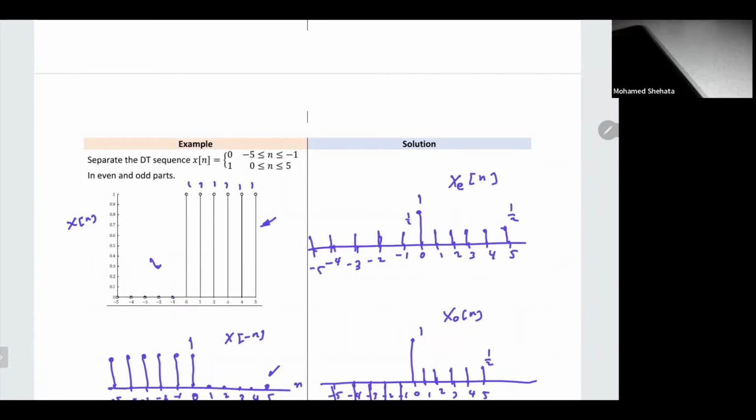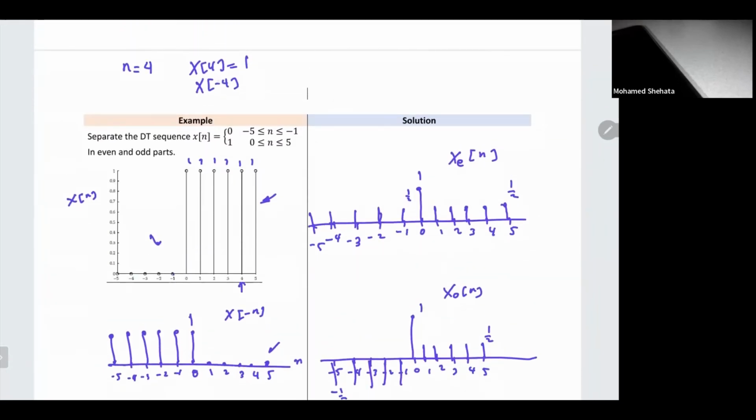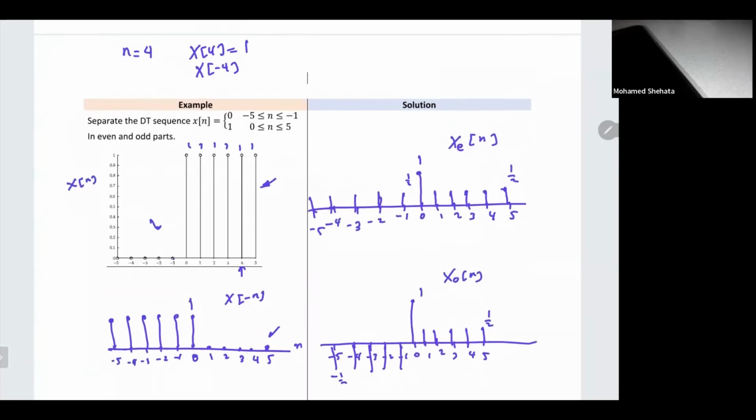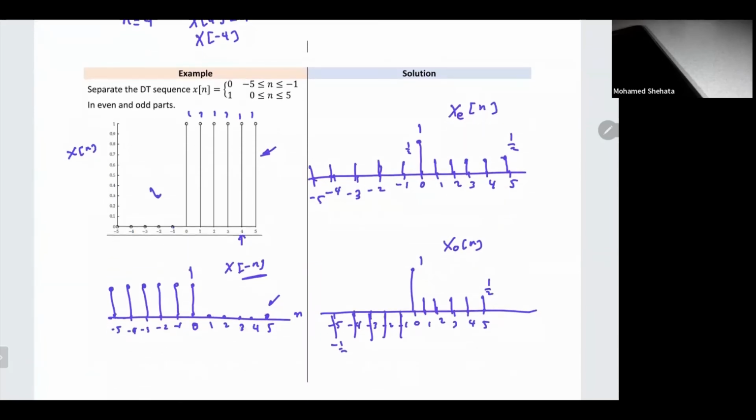In the even, I need to add and divide by 2. So check one point, for example, at n equal 4. What is the value of x at 4? That's 1. What is the value of x of negative 4? I'm sorry, yes, x of negative 4. I'm looking for x of negative n here. So when you look at that, that's here, 0.